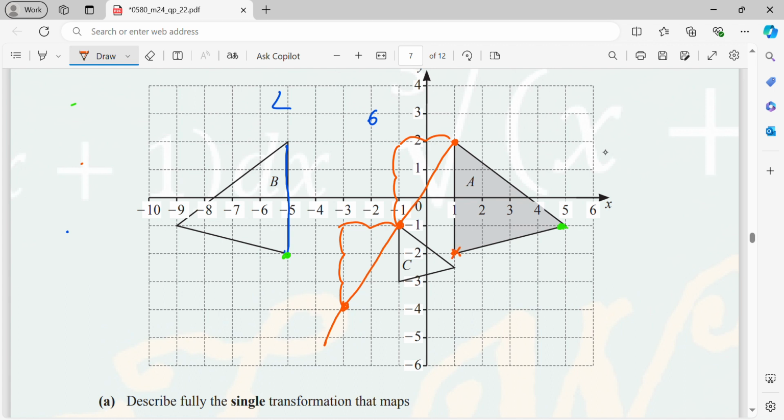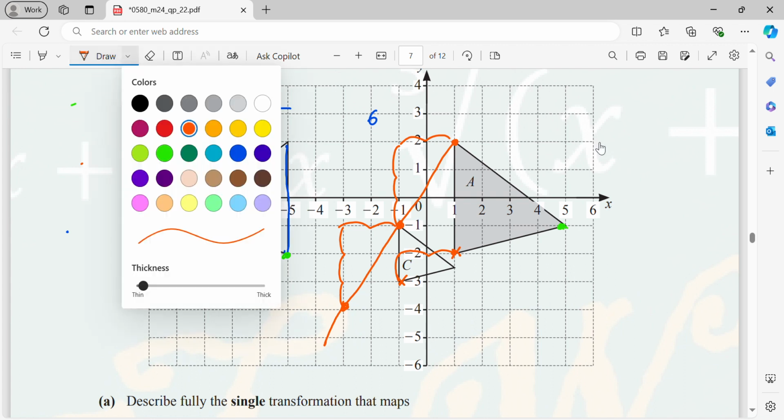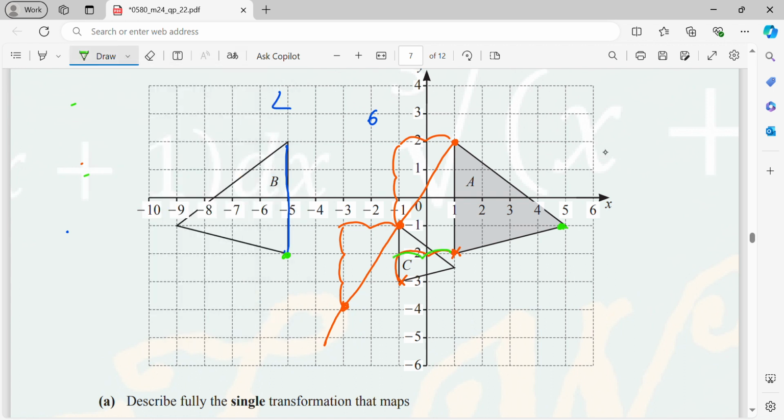From this point to the new point on C, 2 units left, 1 unit down. So when I draw my line, it will be 2 units to the left and 1 unit down. Means that it will be touching here. So for you, very simple, just use a ruler and join the points.